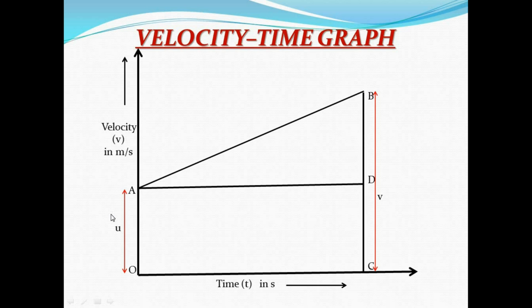Both the straight lines intersect at a point said to be D, and the elongated line BD intersects at a point on the time axis named C. So here we can denote BD as v minus u, which is basically change in velocity.